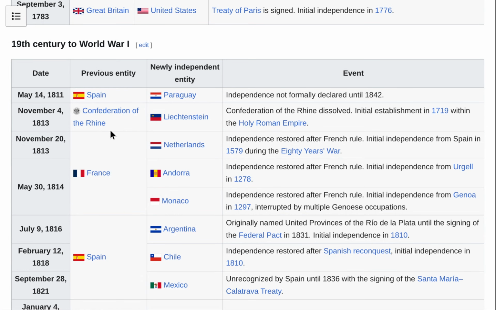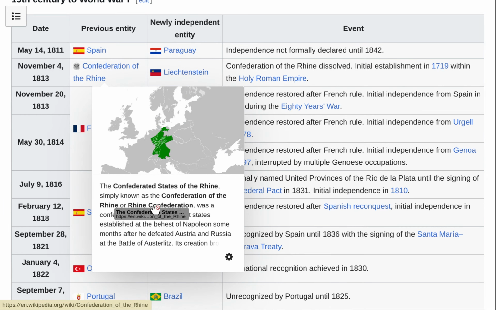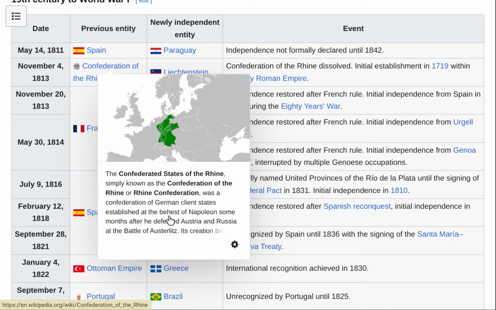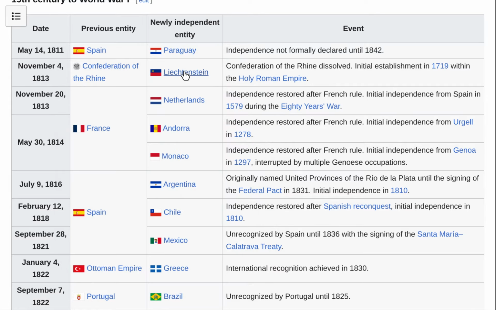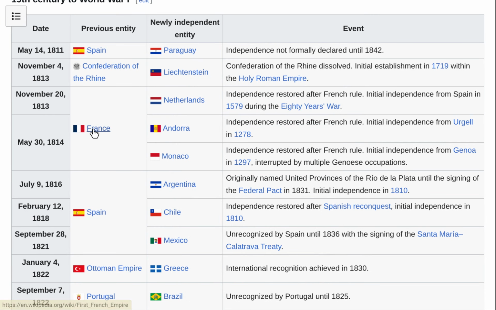The Confederate States of the Rhine, or Rhine Confederation, I'm just going to say RC, was a confederation of German client states established at the behest of Napoleon some months after he defeated Austria and Russia in the Battle of Austerlitz. Its creation, okay, so that is Liechtenstein. Yeah, that's its flag, if you didn't already know that. France, actually.